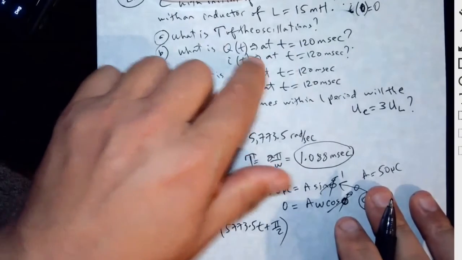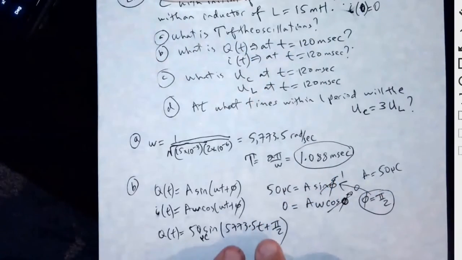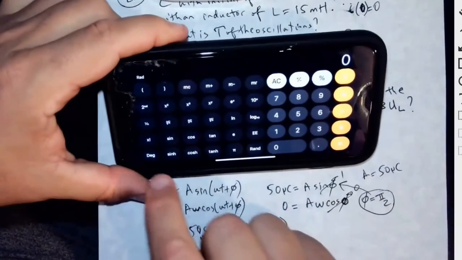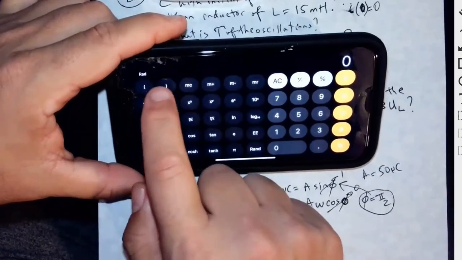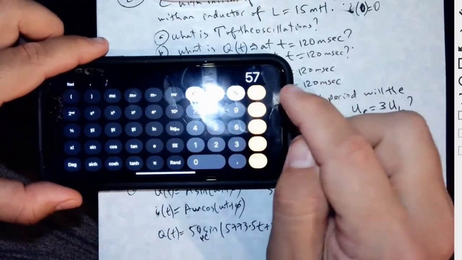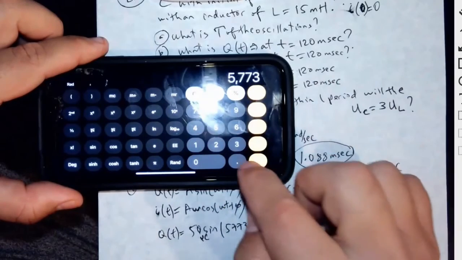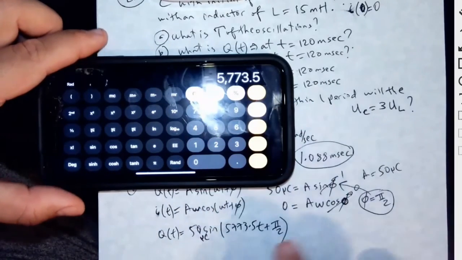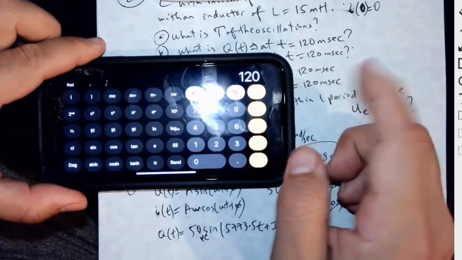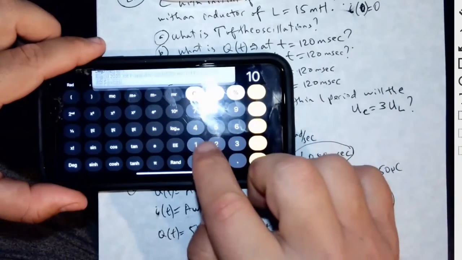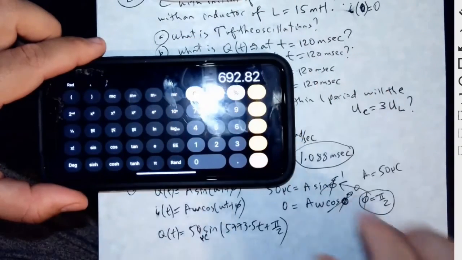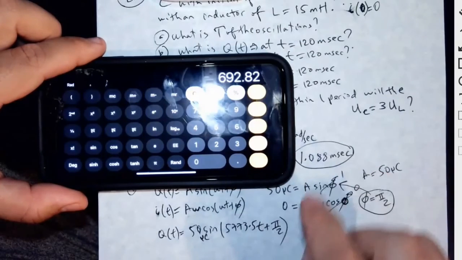What is the Q at 120 milliseconds? I've got to be in radian mode. 5773.5 times 120 milliseconds, times 10 to the power negative 3, then plus pi over 2.